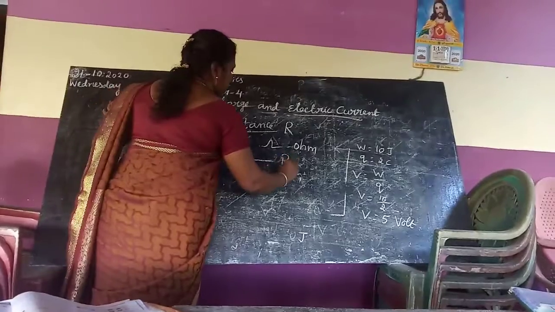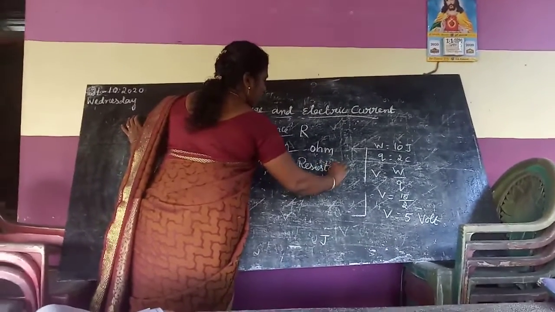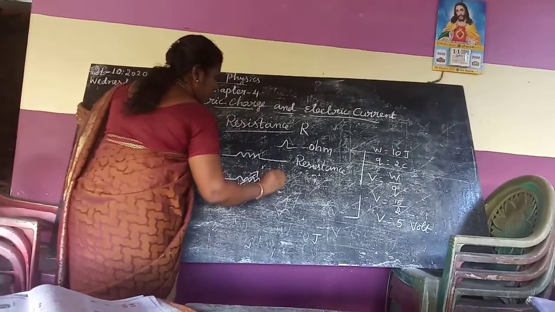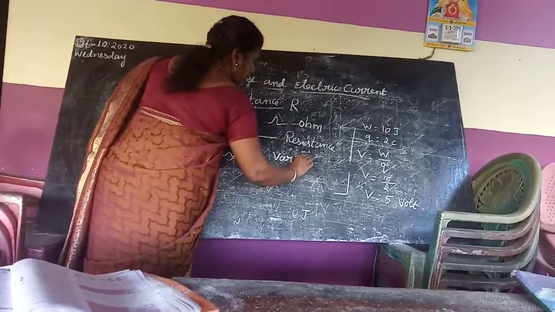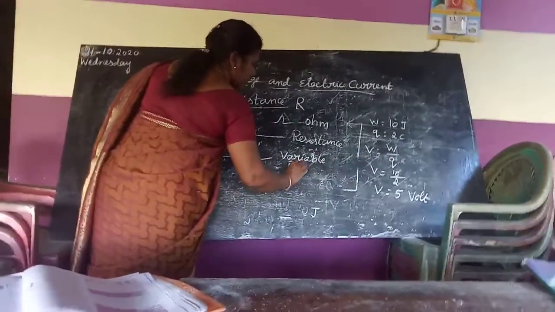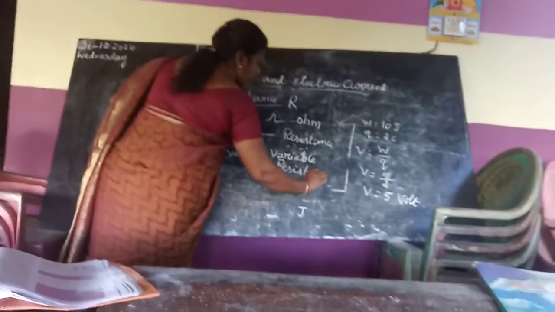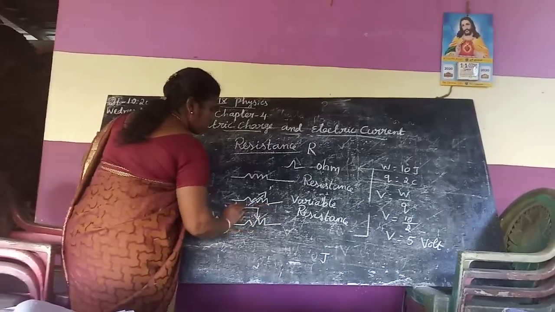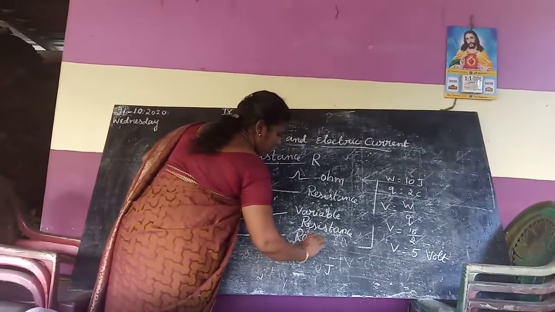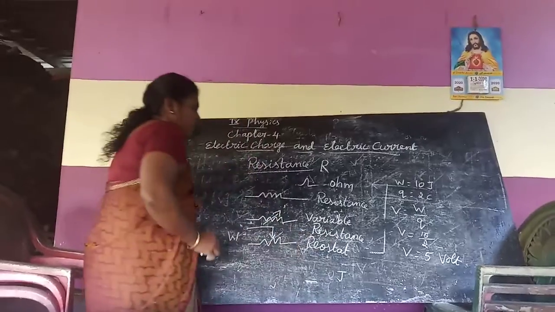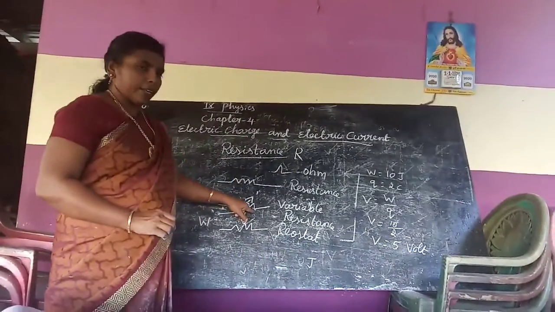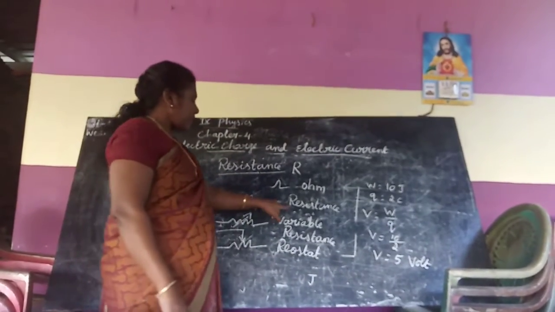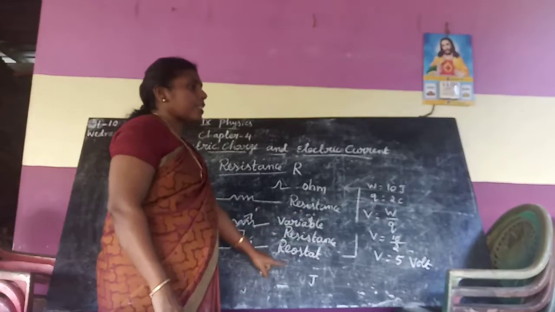And this is the variable resistance, also called a rheostat. So the resistance, variable resistance and rheostat.